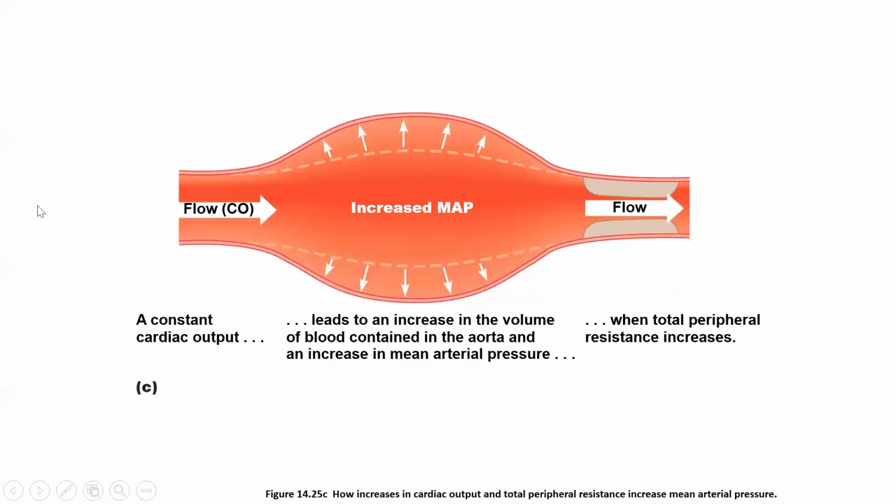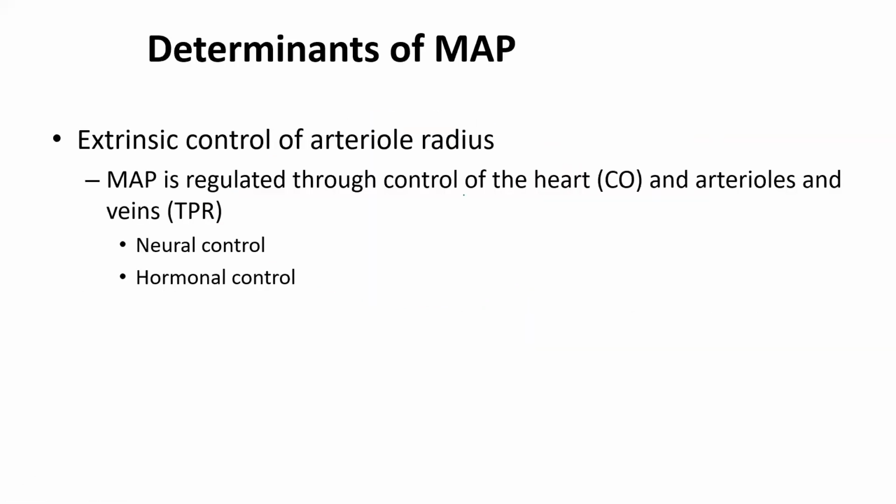If we have a constant cardiac output, but we increase resistance, mean arterial pressure must increase as well. And so what this shows us is the directly proportional relationship between total peripheral resistance and mean arterial pressure, as well as cardiac output and mean arterial pressure. Okay, if either of those variables increase, our mean arterial pressure will too increase.